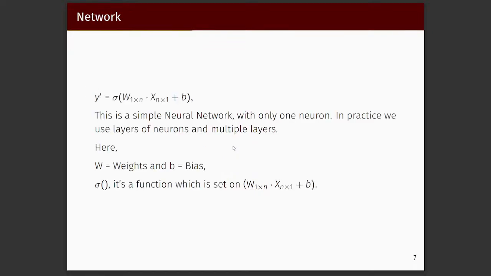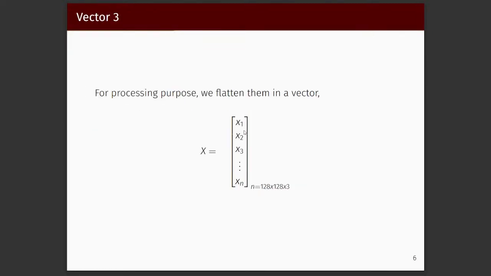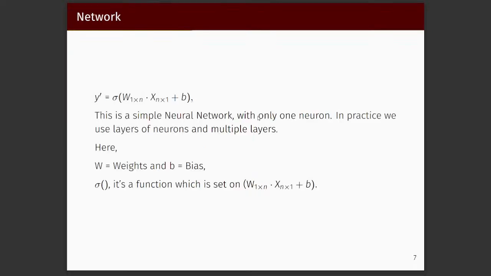Moving on, how does a neural network work? Each and every element, x1, x2, x3, is multiplied by a weight, W1N. What is this weight? This weight is basically the amount by which we shift each and every pixel for the model to learn.